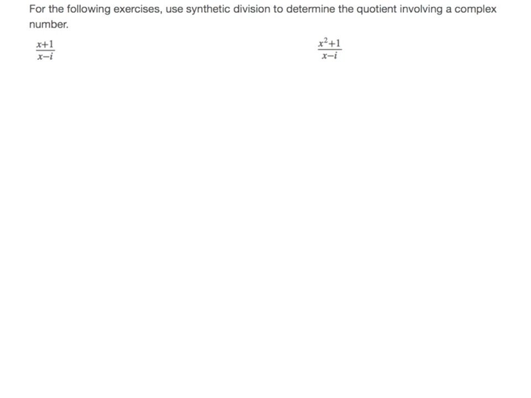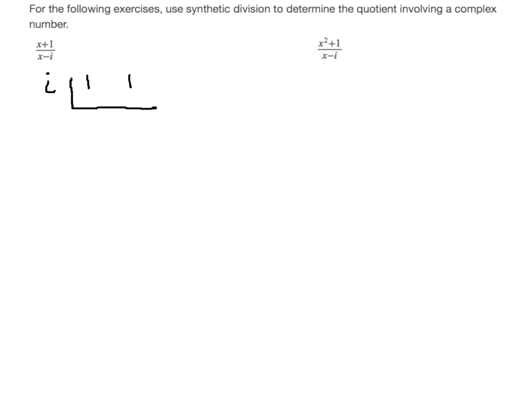Okay, and finally, this is our last slide. You can actually do synthetic division with imaginary numbers. All right, hold on to your britches here. It's not as bad as it looks. So I have x plus 1. So I'm going to go ahead and put my coefficients here. There's a 1x and a positive 1 being divided by x minus i.